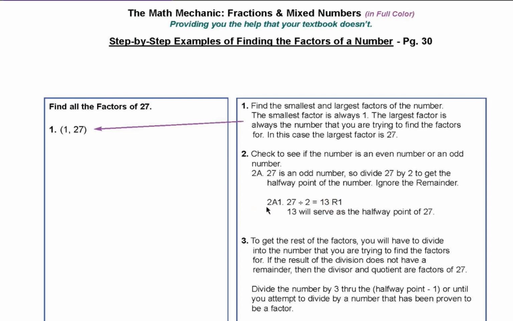Again, in step 2A1, we divide 27 by 2. 27 divided by 2 equals 13, remainder 1. We are going to ignore the remainder. 13 will serve as the halfway point of 27.